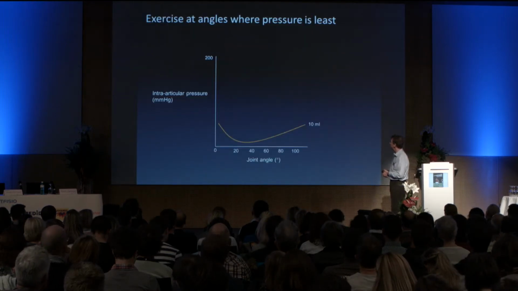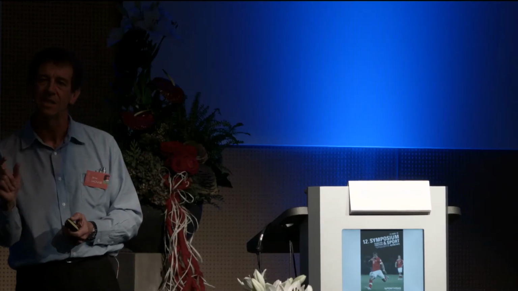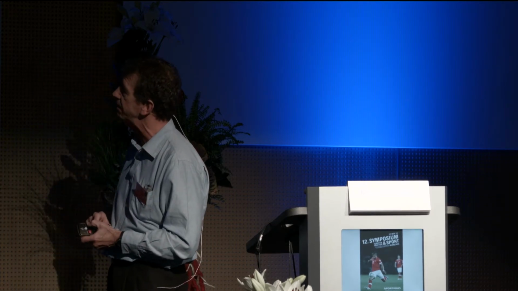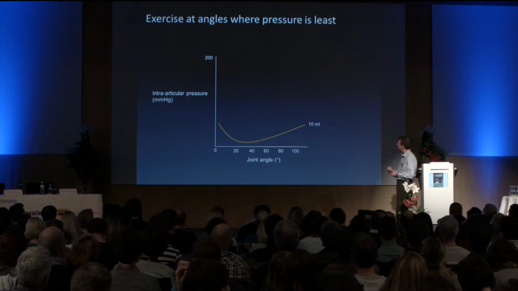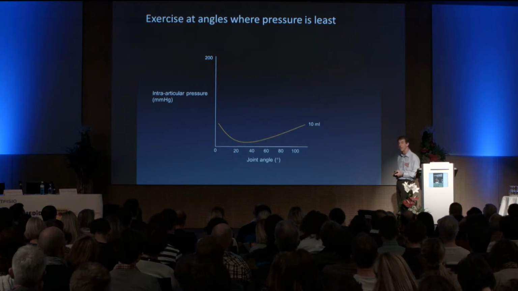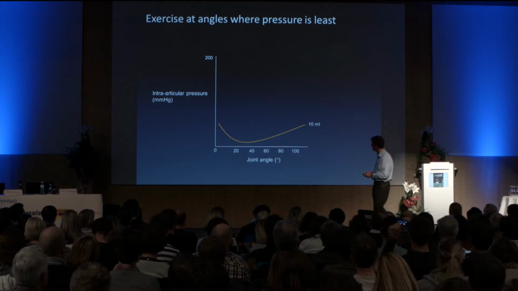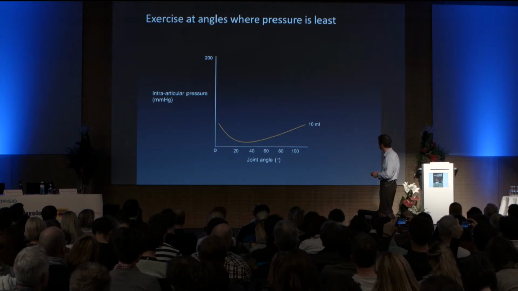One of the ways that you can do that is by, firstly, when you start exercising and doing isometric exercises with individuals, if you can choose a point where the articular pressure is at its lowest in the joint, then you're going to be most effective in regard to any fluid that is in that joint.